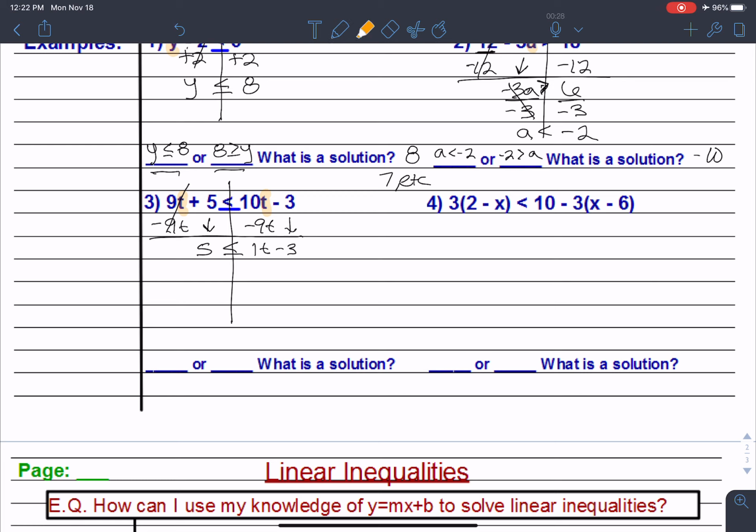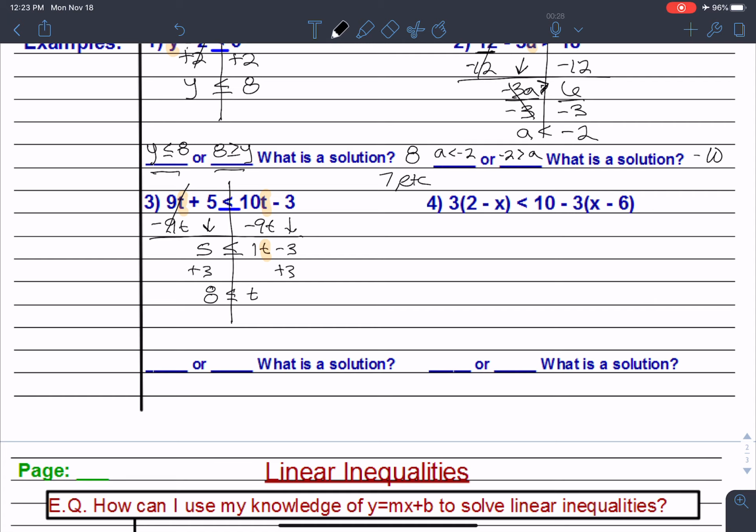Okay, so now I only have 1t, and I need to make sure that t is by itself. So all the other numbers have to move. So first I'm going to add 3 to both sides. So 5 plus 3 is 8. Bring down my symbol, and 1t is the same thing as just a t.